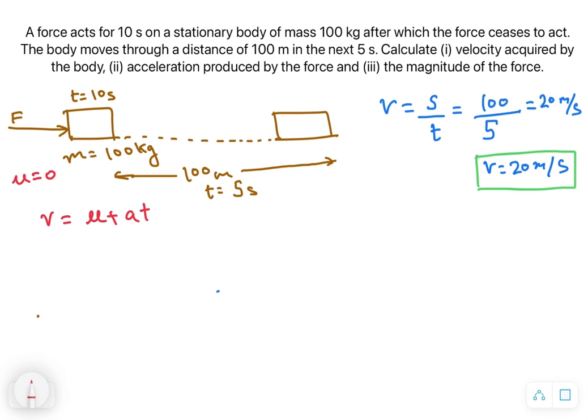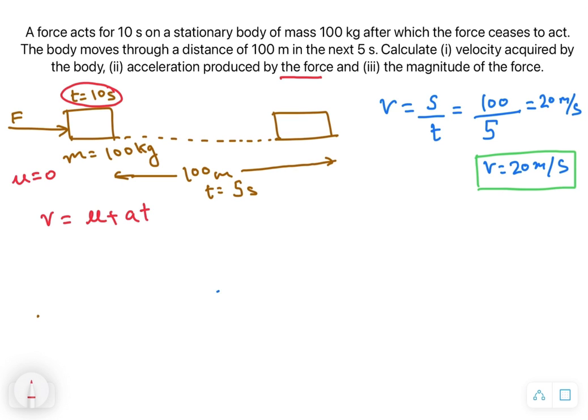So u is equal to 0 meters per second, v is 20 meters per second and t is 10 seconds, time during which the force acted. It is clearly mentioned acceleration produced by the force, and the force acted on this body for 10 seconds.